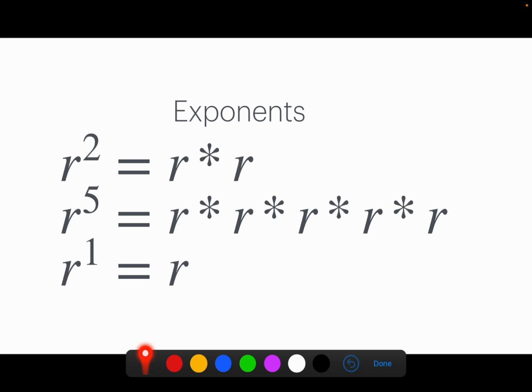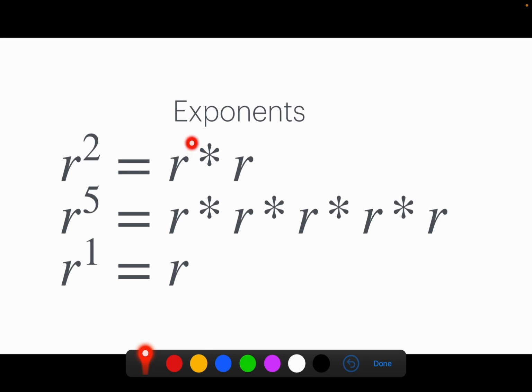Now look here. R to the first power is the same thing as r. So that means there's an invisible 1 here. Here there's an invisible 1 for each one of these. And if you add up these coefficients, 1, 2, 3, 4, 5, you get 5. Here there's an invisible 1 for each one of these.